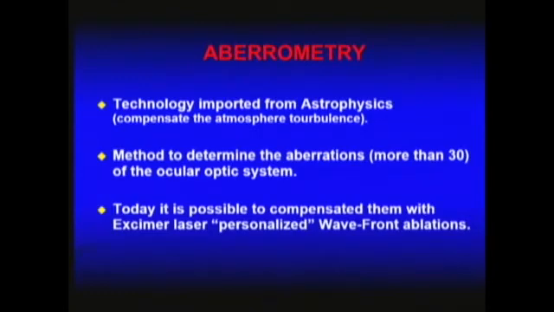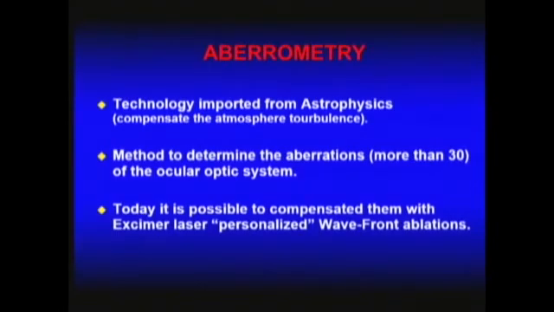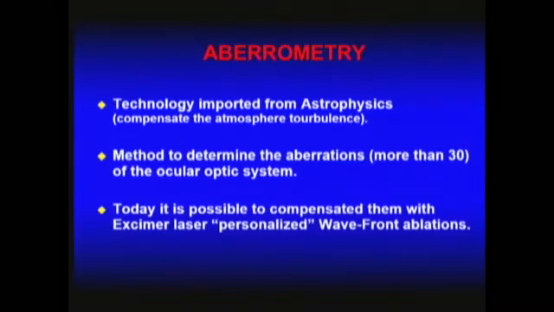Aberrometry is a technology which was imported from astrophysics with the telescopes and the deep space analysis. They got a lot of turbulence with the atmosphere, and they include the aberrometry to compensate that turbulence and get clearer image of the deep space planets or stars.